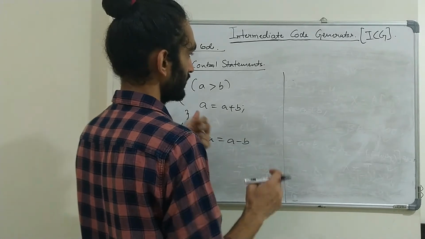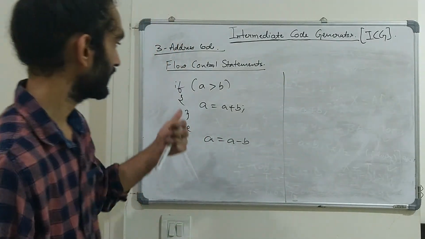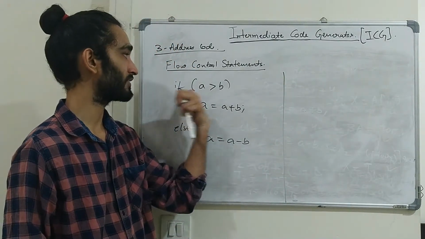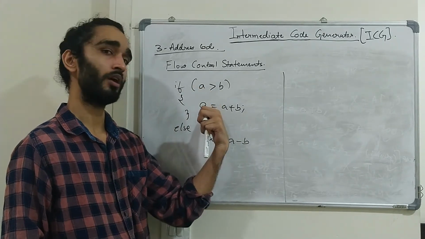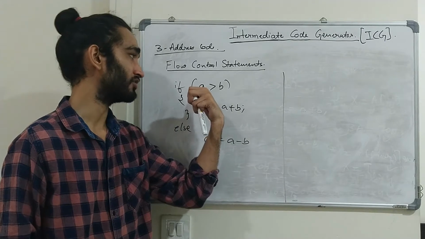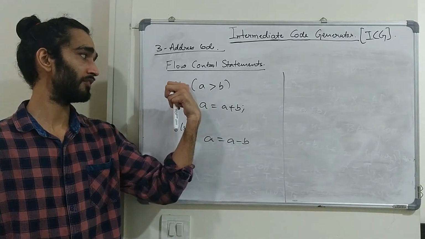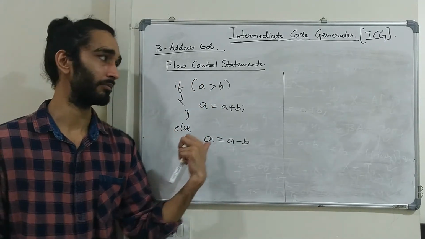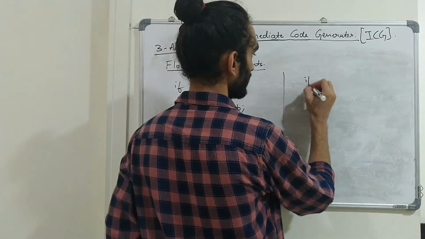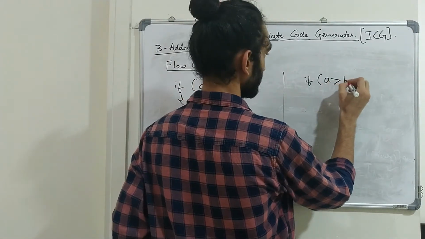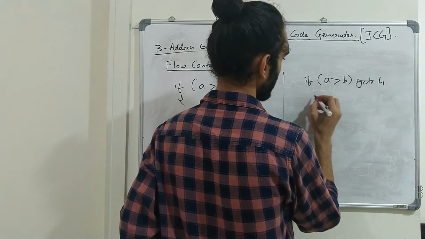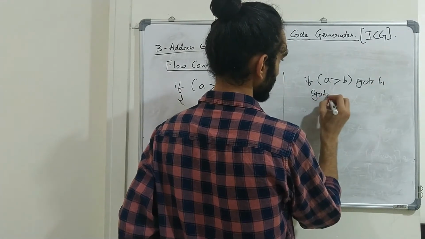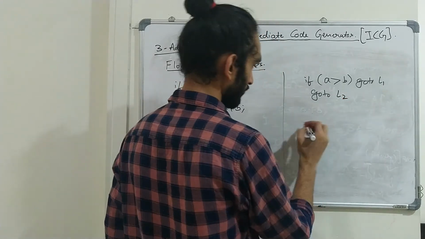Now if I want to write this, right, you can clearly see the if statement is what? A conditional jump. Right? If it is going to be true, I am going to come here. If it is going to be false, a jump is going to be performed directly from this statement to this statement. Right? So what I am going to write in here: if A is greater than B, go to L1, else go to L2. So L1 is what?